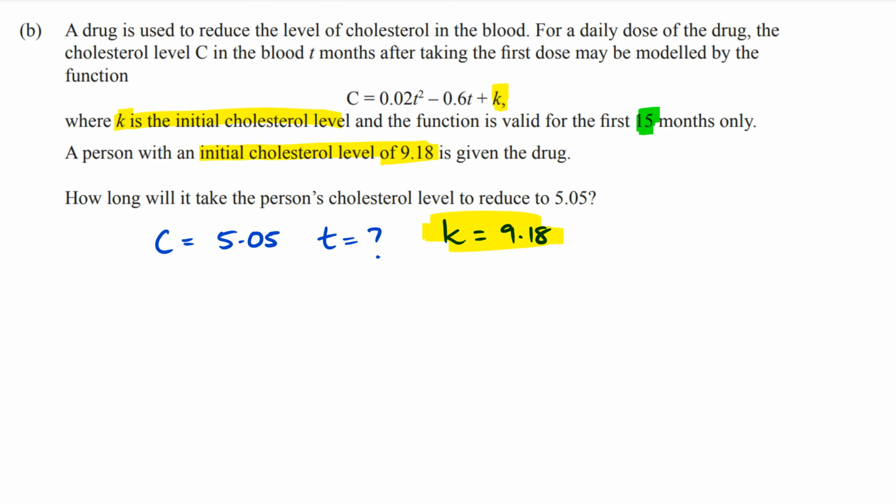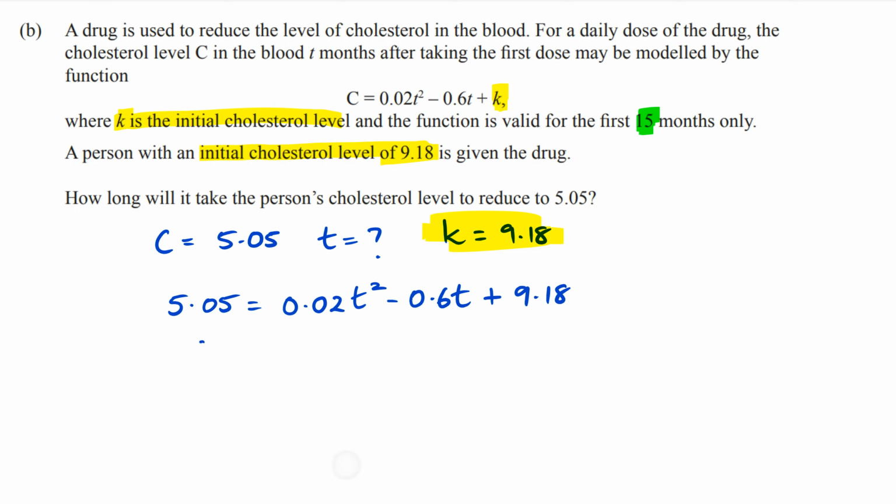So we're going to rewrite this equation, and what we end up with is 5.05 equals 0.02t squared minus 0.6t plus k. Now k is equal to 9.18, so I'm going to leave that as 9.18.